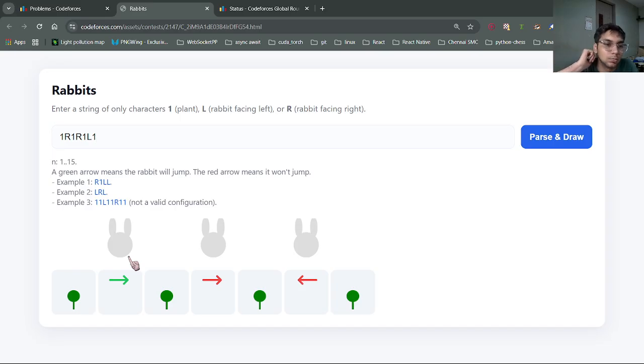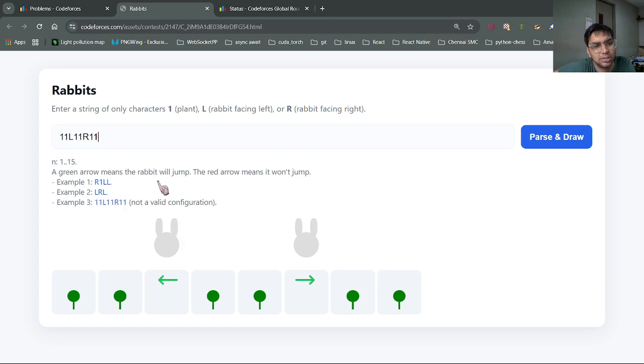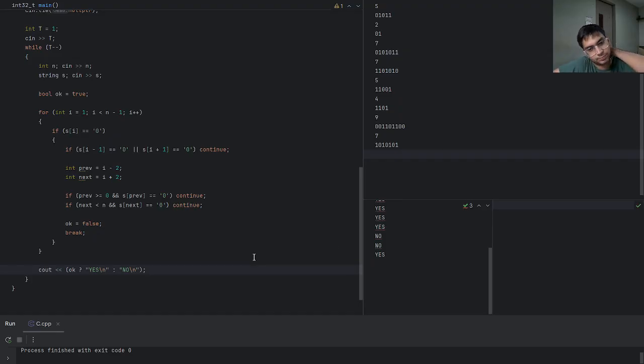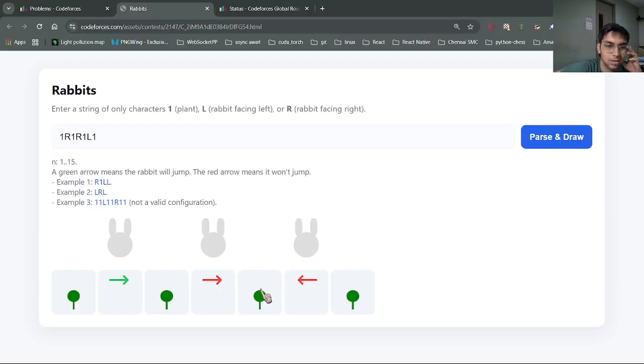So, hmm, wait, why is this not a valid configuration? Acha, why not valid? You mean green? Okay, whatever. So this just made this problem very difficult, I think.